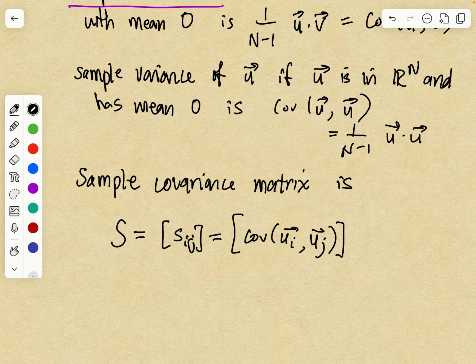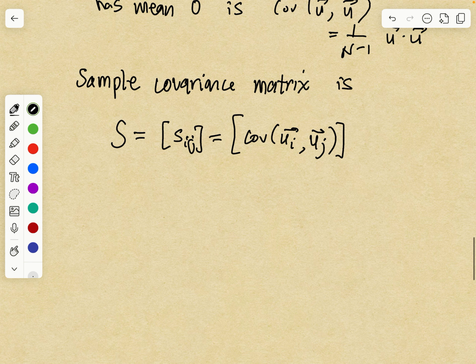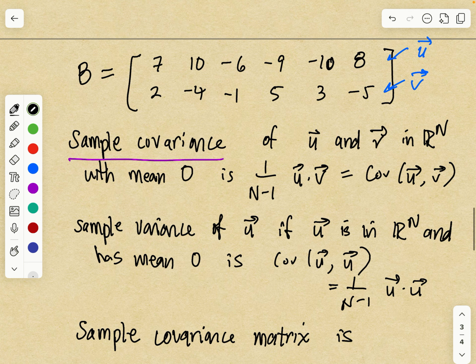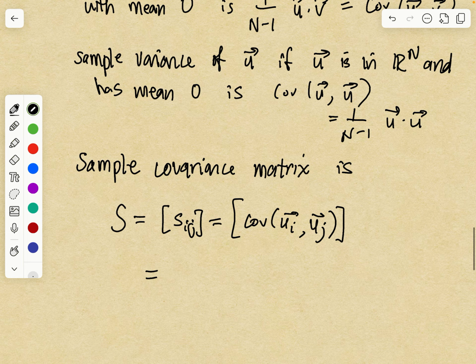That can be found by doing this with your matrix B: take 1 over n minus 1 times B times B transpose.